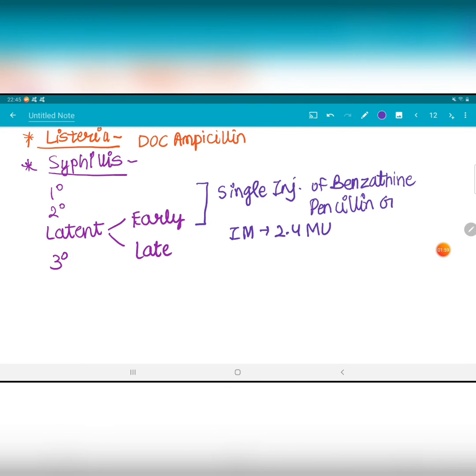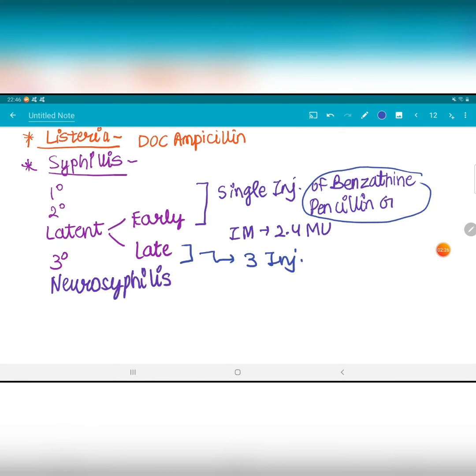There is one more type, which is neurosyphilis, I forgot that. In tertiary and late latent phase, we give 3 injections of benzathine penicillin IM, 1 injection per week, with the same dose.